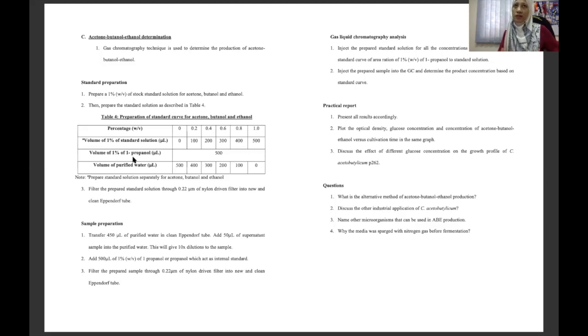Understand what I mean, guys? Yes. So for each different concentration, you need to add this 1 propanol as the internal standard, for acetone, for butanol, for ethanol, and also for your sample.